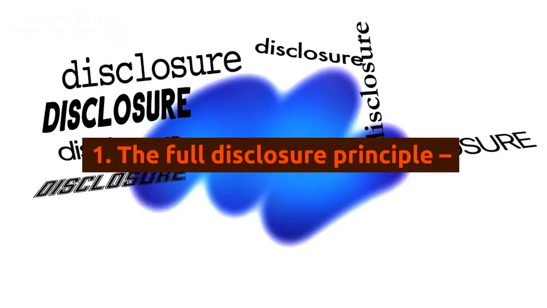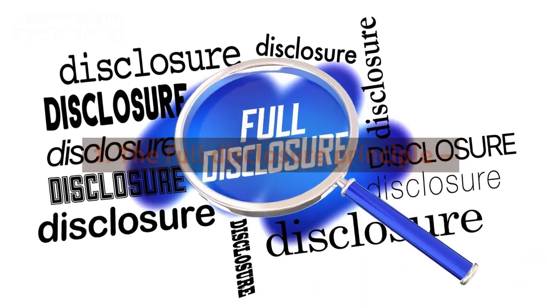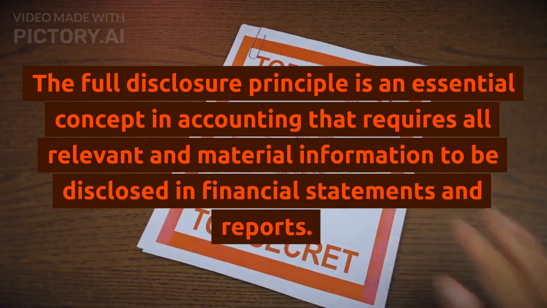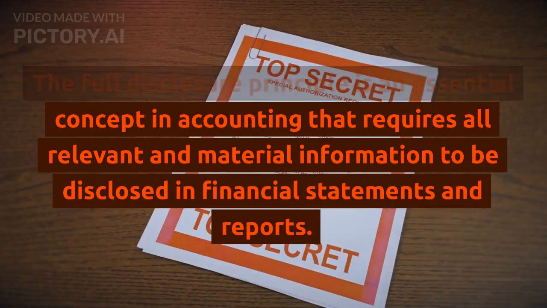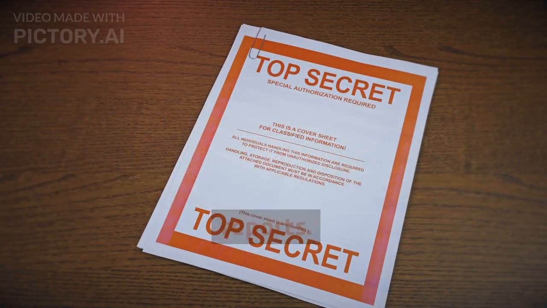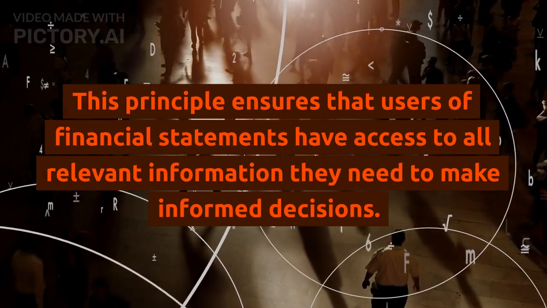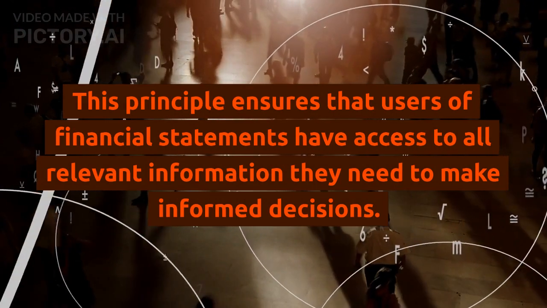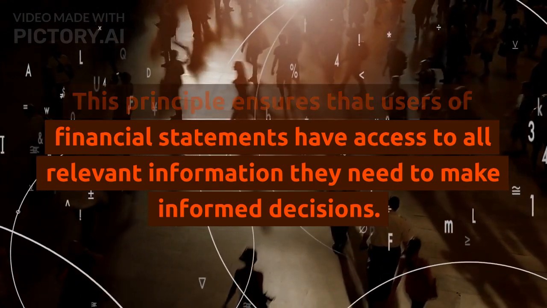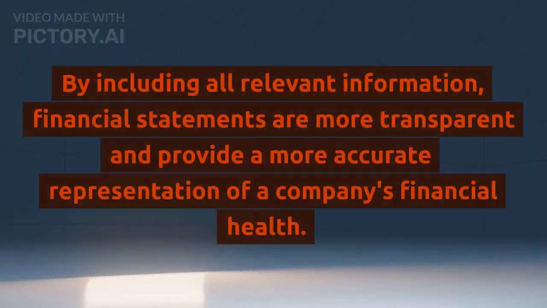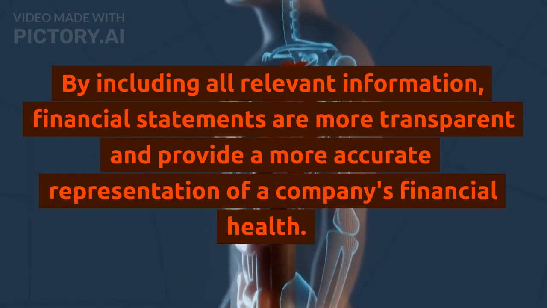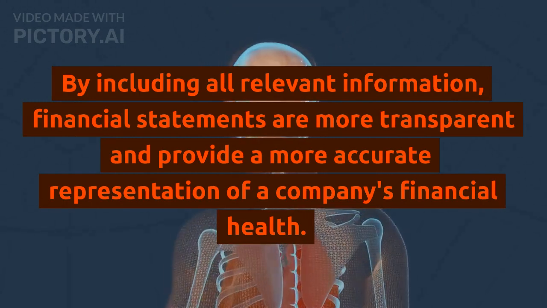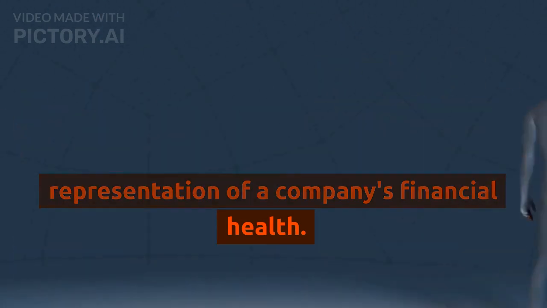4. The full disclosure principle. The full disclosure principle is an essential concept in accounting that requires all relevant and material information to be disclosed in financial statements and reports. This principle ensures that users of financial statements have access to all relevant information they need to make informed decisions. By including all relevant information, financial statements are more transparent and provide a more accurate representation of a company's financial health.